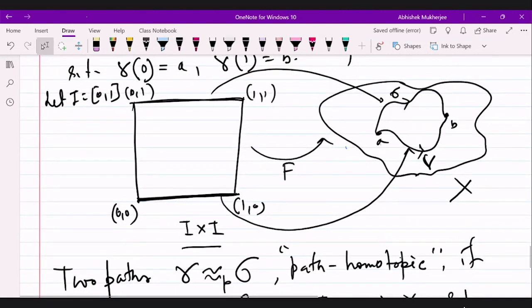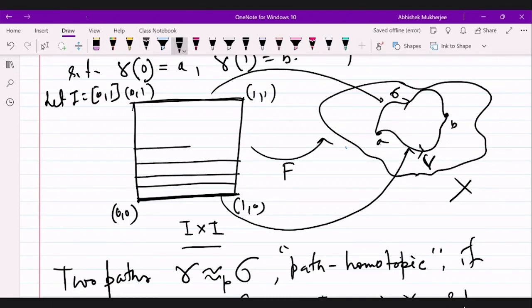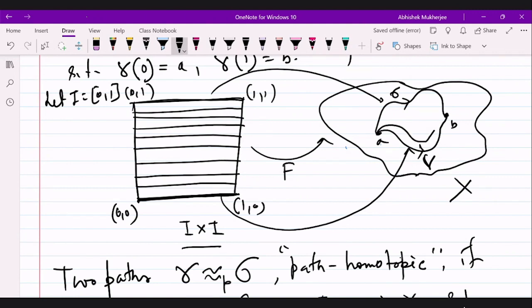And the other line segments joining these two sides will be mapped to some paths joining A and B.